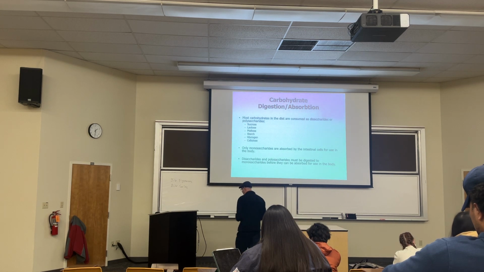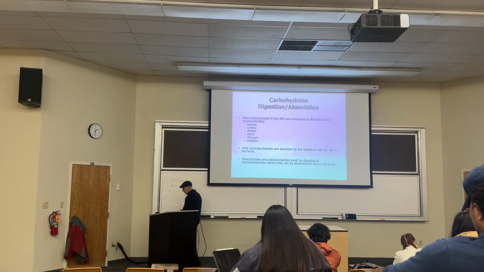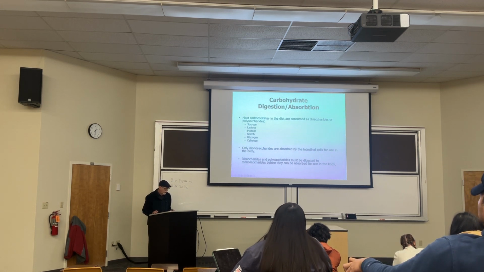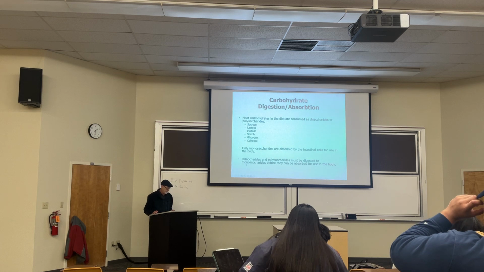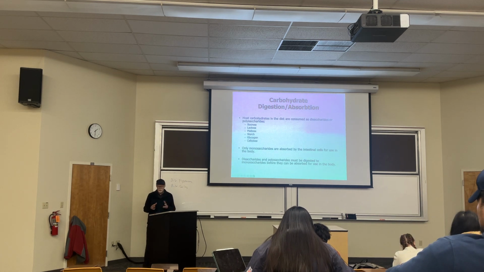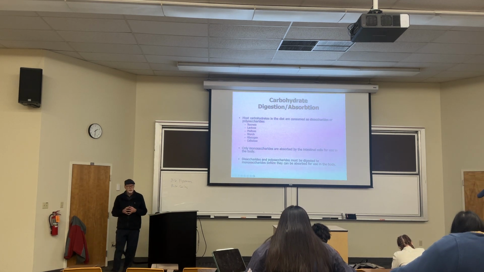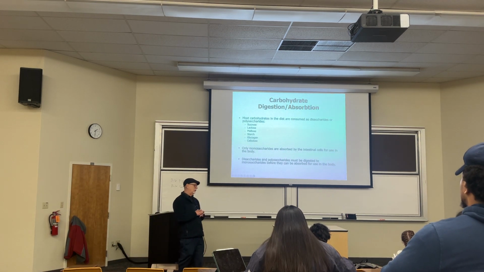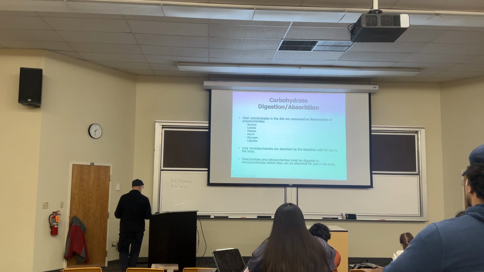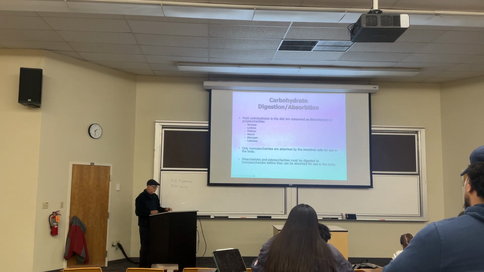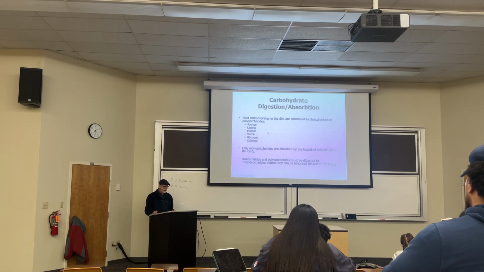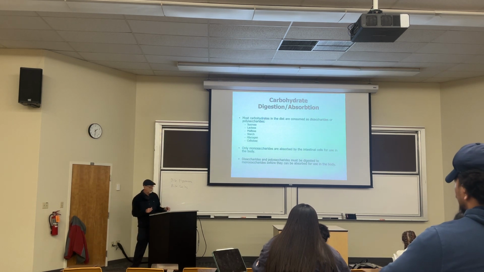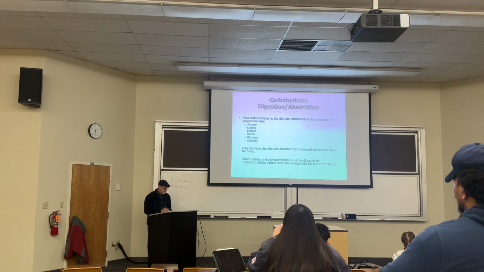All right, so how are we going to accomplish this? Well, the polysaccharide starch in particular, we're going to initiate starch digestion in the mouth through the salivary amylase. But that's relatively limited. Then it's sort of on hold as we go through the stomach. And when we get into the small intestine, we have pancreatic amylase from the pancreas, which continues to digest it down.